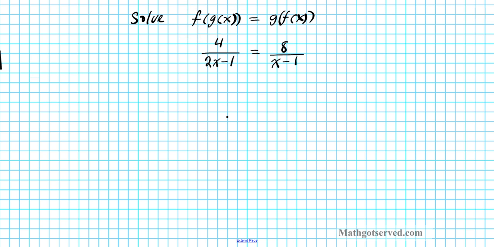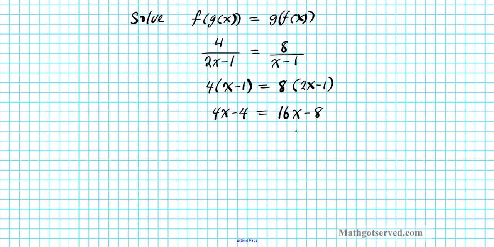An easy way to do this is by simply cross multiplying. So if we cross multiply, we're going to have 4 times the quantity x minus 1 equals 8 times the quantity 2x minus 1. Okay, if we distribute, we have 4x minus 4 equals 16x minus 8.